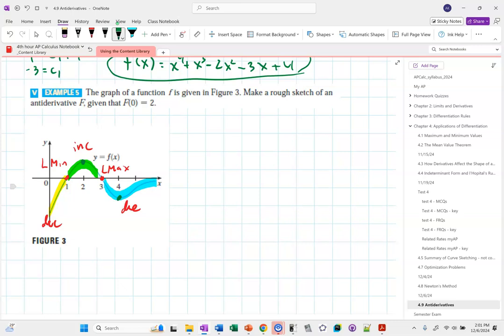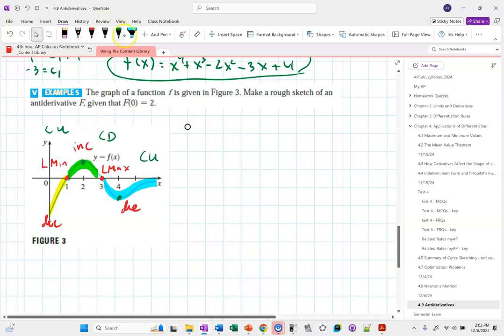The first derivative is increasing, so my second derivative then is going to be concave up on that section. From 2 to 4, my first derivative is decreasing, so my function should be concave down. And then here we're increasing, so we're back to concave up. Is everybody okay with how I came up with that information from looking at the picture?